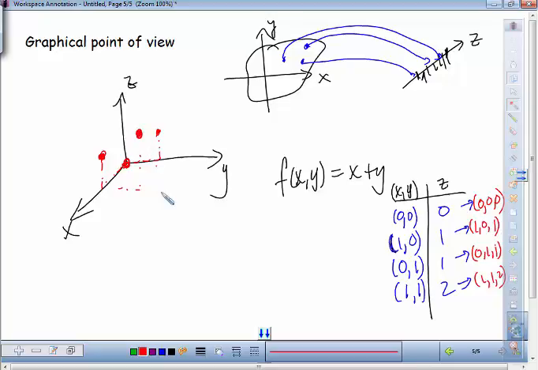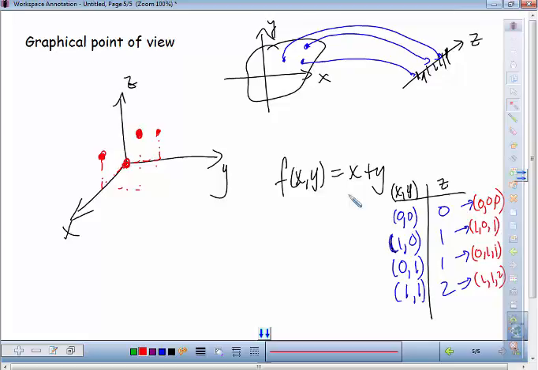So I get some points, but I'm not getting very far with this. Can you imagine what this thing might look like? Is it going to look like a solid block? Is it going to look like a surface? Is it curved in any way? It's probably going to be a plane. It's a plane. Right?